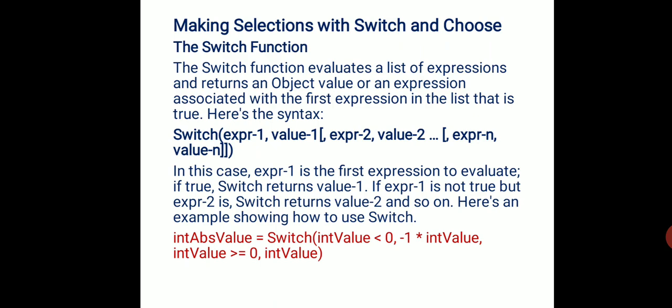Minus into minus will return plus, so it will become positive. So if int value is less than 0, then it will multiply it with -1, and if int value is greater than or equal to 0, that means positive, so it will return the positive value, that is int value. Okay, so this is how to use the switch statement.